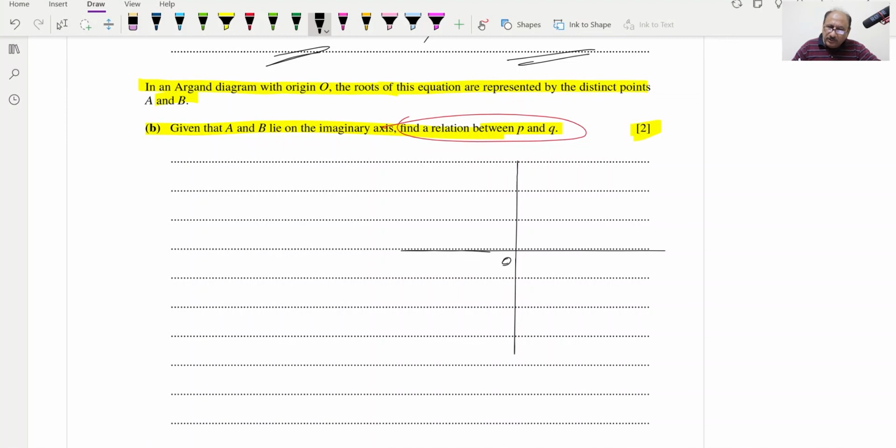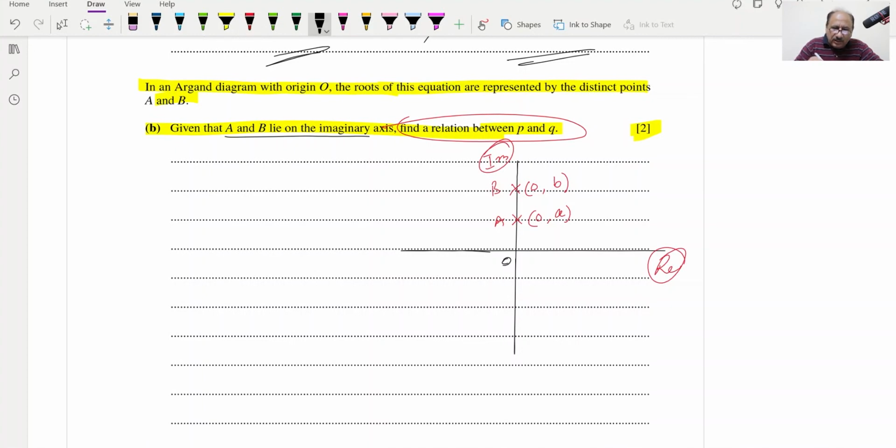Given that A, B lie on the imaginary axis, this is our real side and this is our imaginary side. So A and B are over here, A can be here and B over here. The x coordinate will be 0 for both, and the y coordinate can be, for example, a for this one and b for this one, and the a, b values we need to find.